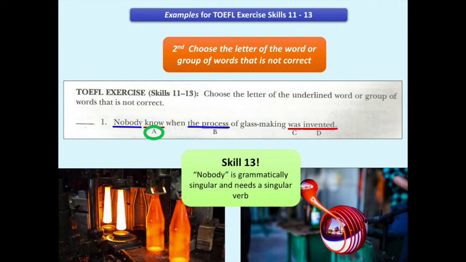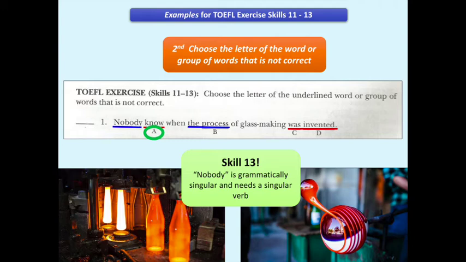Now in class, I want you to write the correct answer so that I know you understand the mistake. But on the TOEFL test, you only need to circle the error.